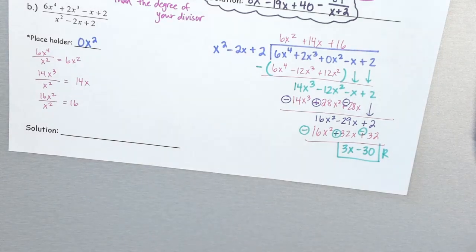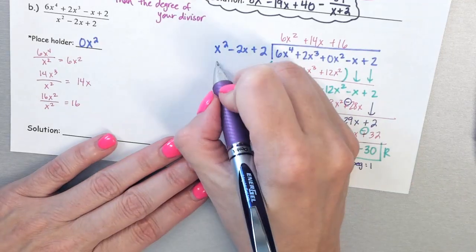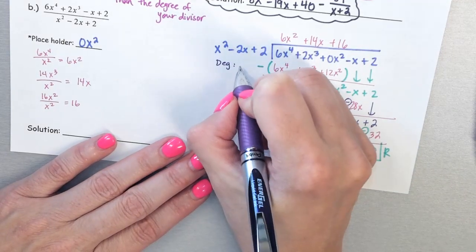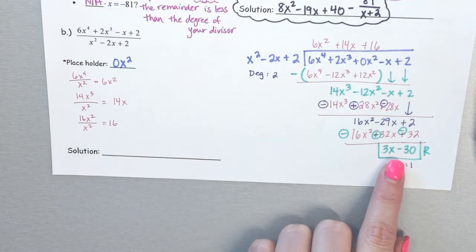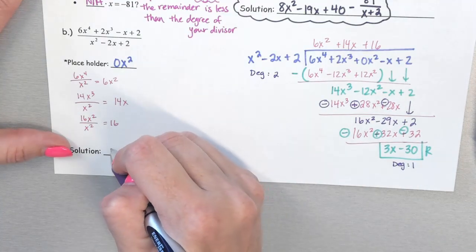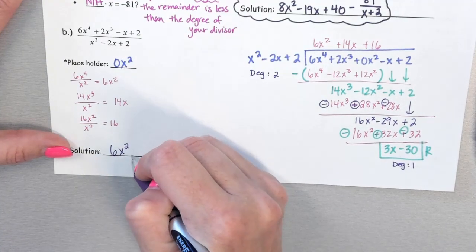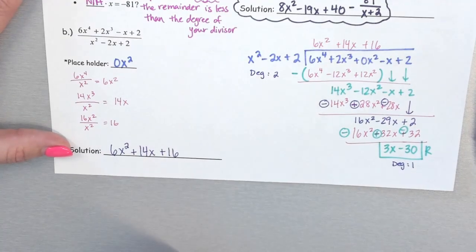Again, we look at the degrees. The degree for this, it's linear, so it's 1. The degree for this trinomial is 2. So that's how I know when I'm going to stop. So your remainder doesn't have to be just a number. Okay, so we have 6x squared plus 14x plus 16.